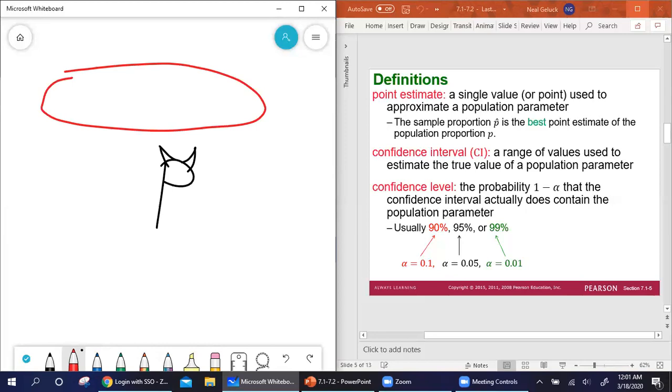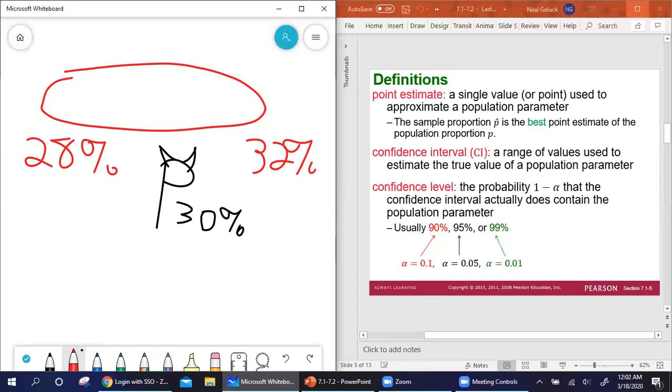So if it were true that the little cow here was 30%, 30% of Americans believe in the death penalty, maybe I have a confidence interval that said somewhere between, let's say, 28 and 32% of Americans believe in the death penalty. My lasso would catch the population proportion, which is the parameter. Maybe I did a different study and it was 29% to 33%.